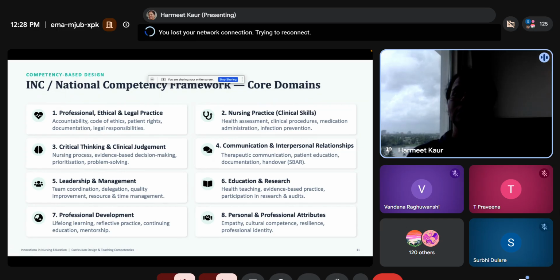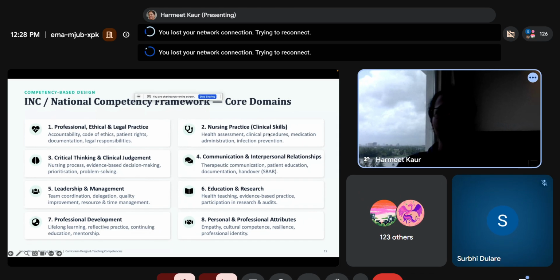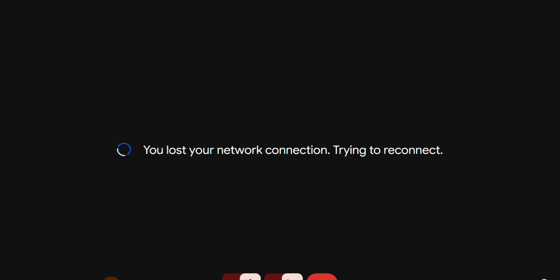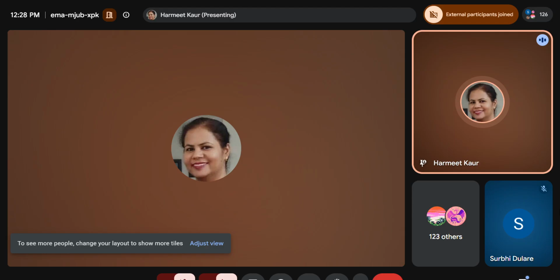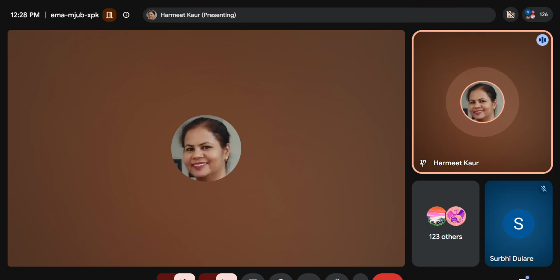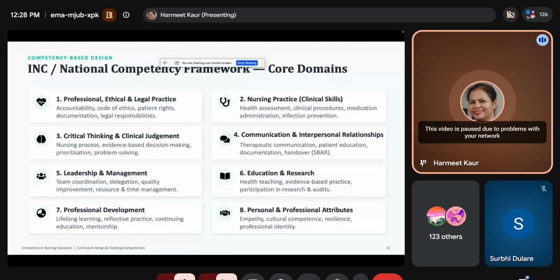Is the student able to perform the clinical skills in the clinical area fully, with mastery, which includes different kinds of clinical skills, medical surgical, critically ill patients, and what side effects have to be checked, what should be the next step, and when it should be reported to a doctor, so that the patient can be managed in a timely manner.